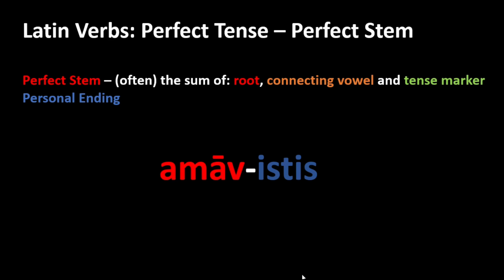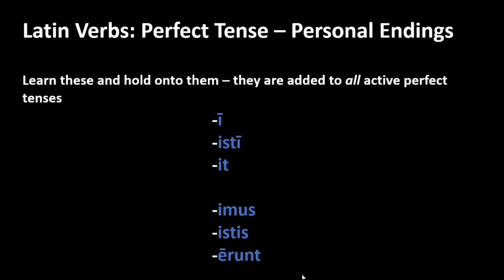amavistis. You may have noticed that these personal endings are different from those of the other tenses we have so far covered. And here are all of the personal endings for the perfect tense. Isti, those are different from the ones that you have so far learned. Imus, istis, erunt, those are not radically different.